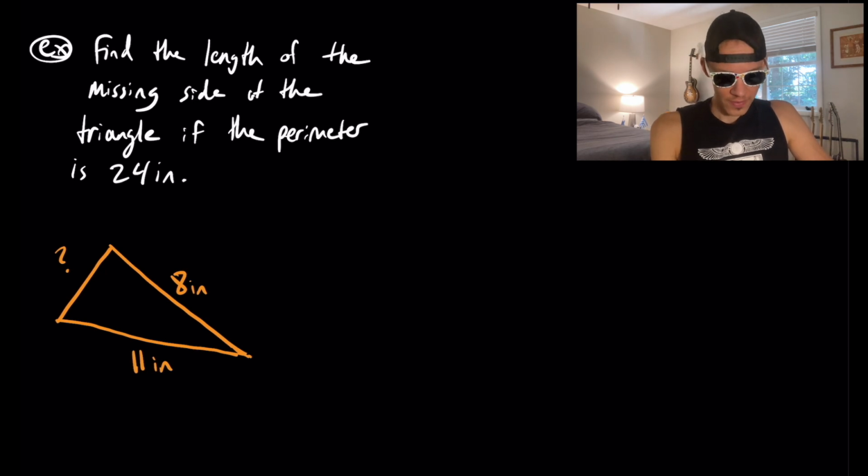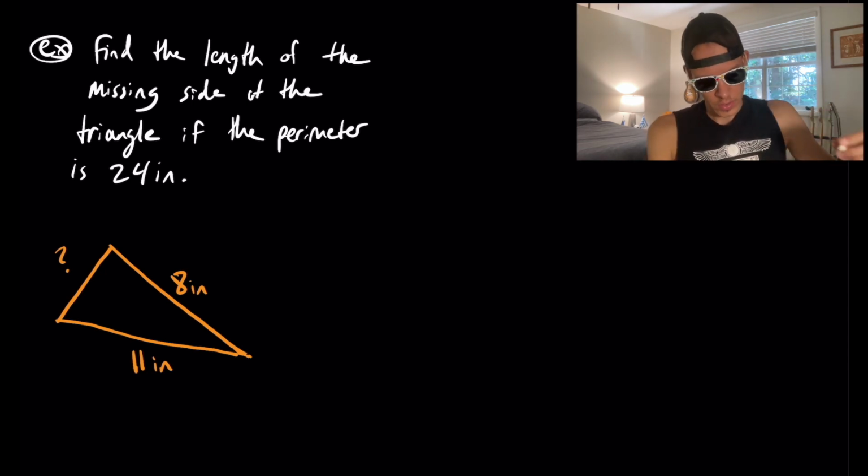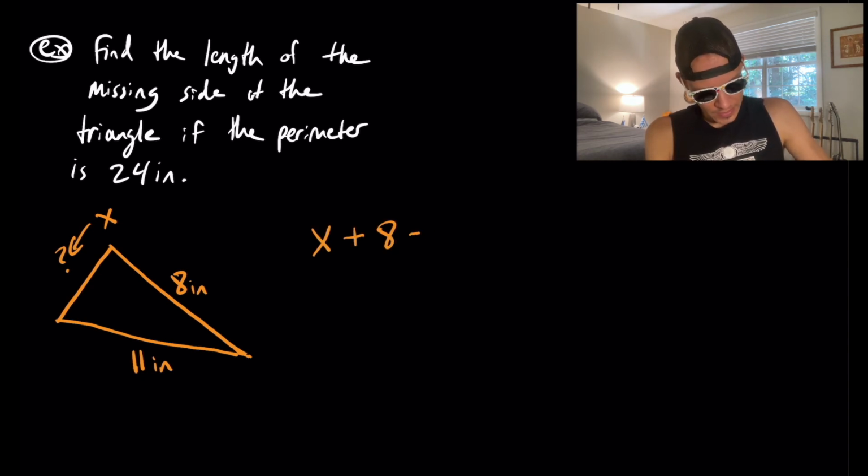Another word problem here. Find the length of the missing side of the triangle if the perimeter is 24. So the perimeter is the distance around the triangle, and we want to find the missing piece. So let's call this missing piece x. You can call it whatever variable you want. But if I add up all of the sides in this triangle, I'll get the perimeter, which I know is 24 inches.